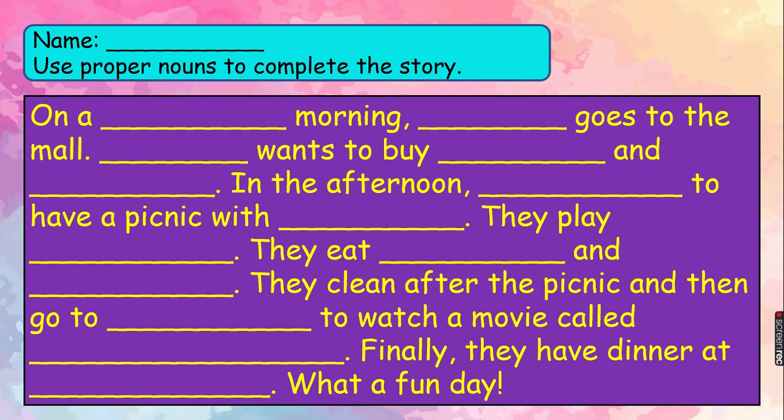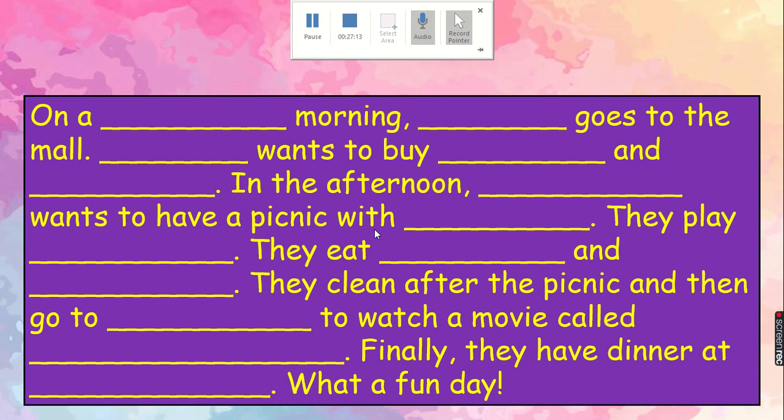Now, I will read it first with you. On a blank morning, blank goes to the mall. Blank wants to buy blank and blank. In the afternoon, blank wants to have a picnic with blank. I will edit this. Maybe I should edit it now. Okay, I already edited it.